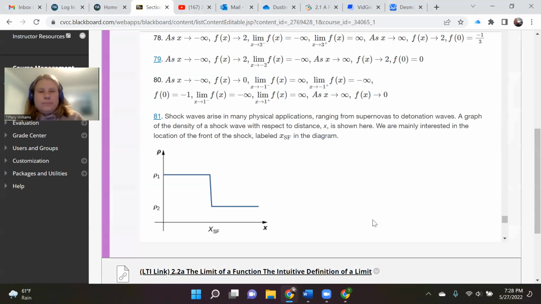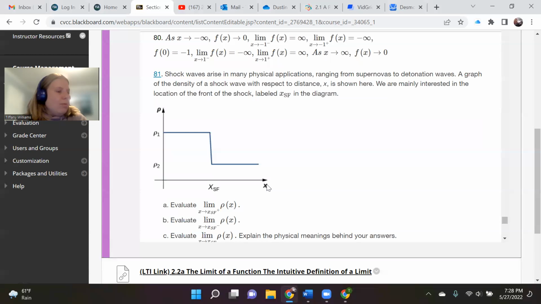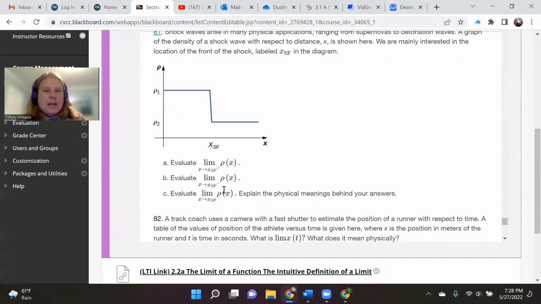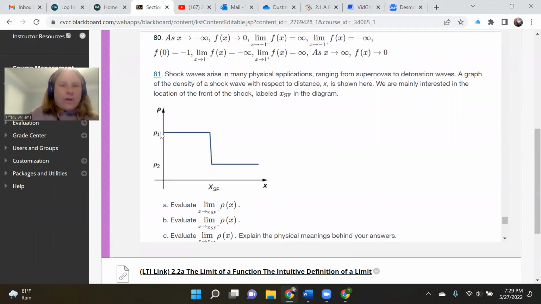All right. So we are asked to evaluate the limit as x approaches the front of the shock wave from the right. And that's equal to, that little symbol there is our density symbol. So from the right, I was looking at it from the left.